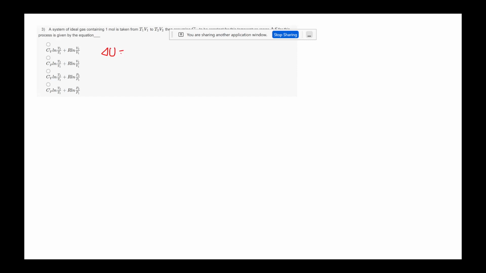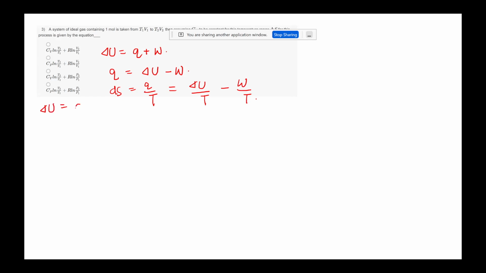Del U is Q plus W. Now, Q will be del U minus W. We know that the change in entropy is Q by T. So this will be del U by T minus W by T. So what is del U, the change in internal energy?